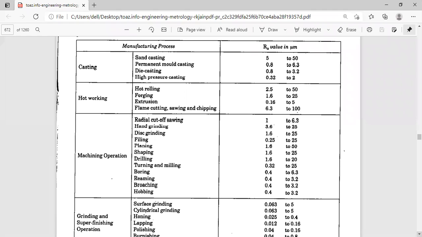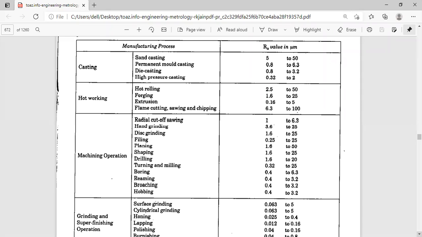Hand grinding, disc grinding, filing by using different files, flat file, triangular file, planing, shaping, drilling, turning and milling. All these are machining operations. This is for knowledge sake only. Don't panic that you have to learn these tables by heart, but try to have a thorough understanding of the previous table.